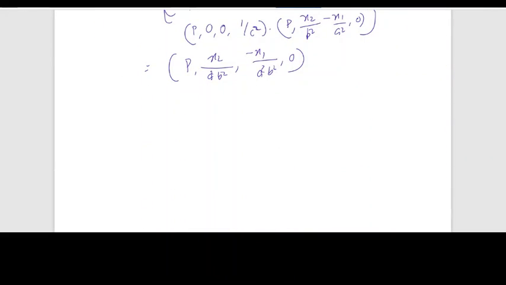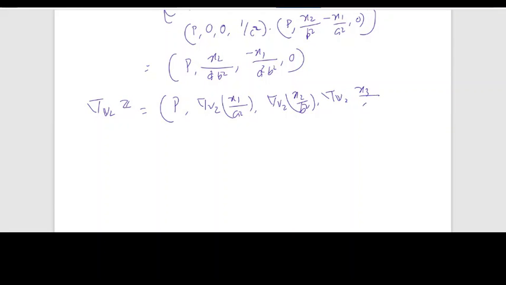Now what is del v2 z? Similarly we can find del v2 z like this: p (del v2 x1 by a square, del v2 x2 by b square, del v2 x3 by c square).